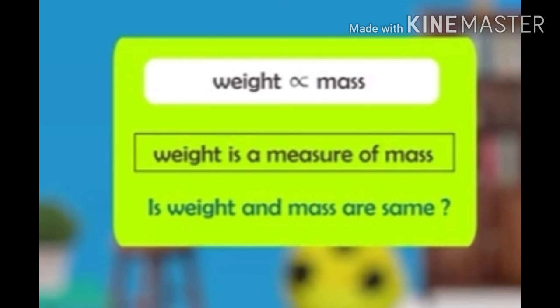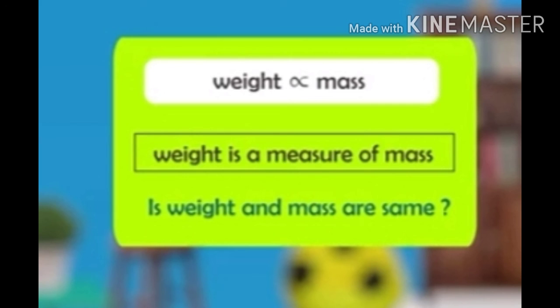That means we were confused. We used to say mass and weight are the same, but with this we can conclude that mass and weight are not the same. Clear? And another important thing you have to remember: when we measure a body's mass, we say body weight, but that is the wrong thing.